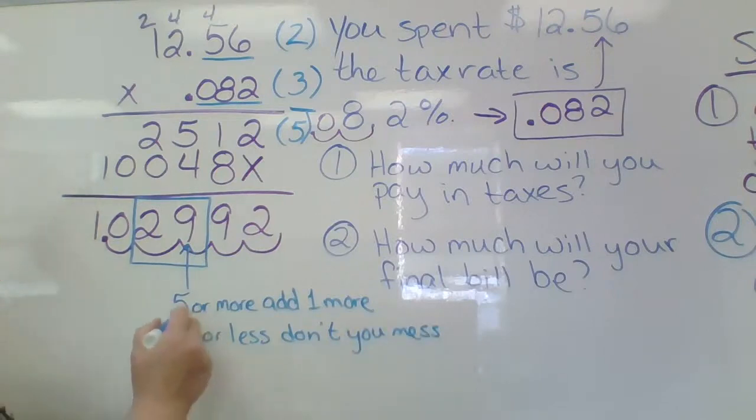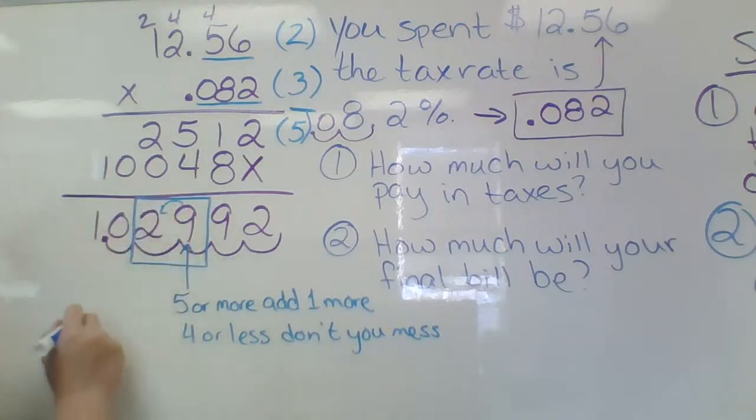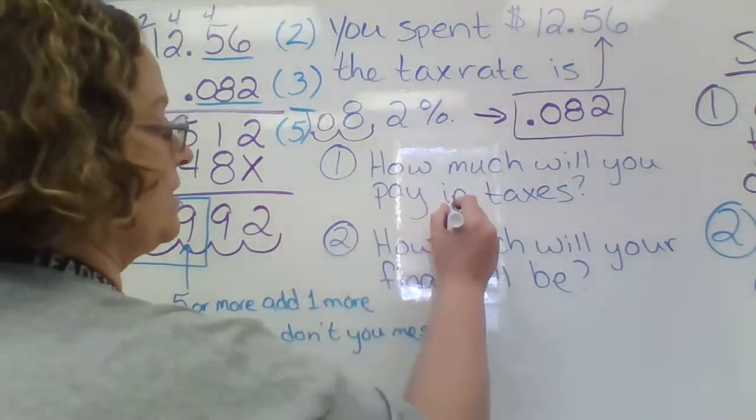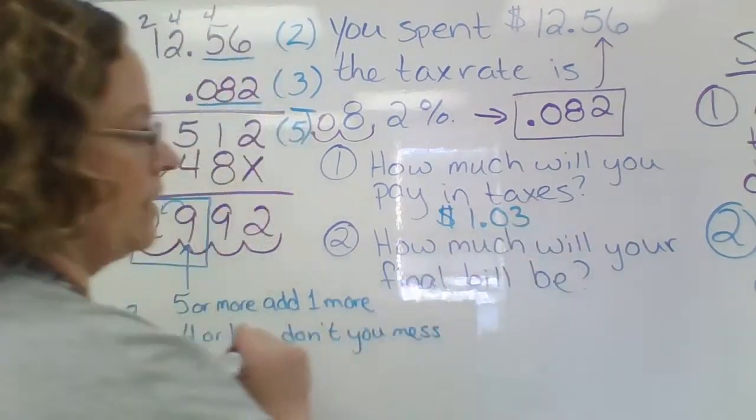So 9 is bigger than 5. That means I'm going to add 1 more to this. So that's going to be 1.03. So I'm going to pay $1.03 in taxes.